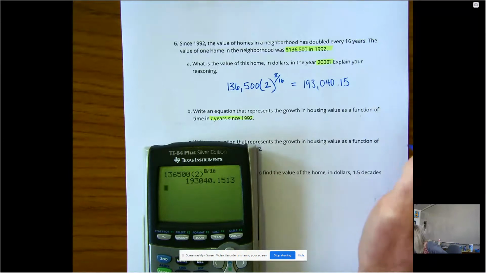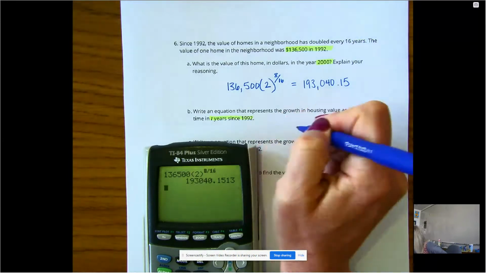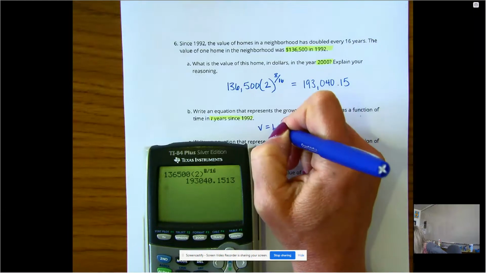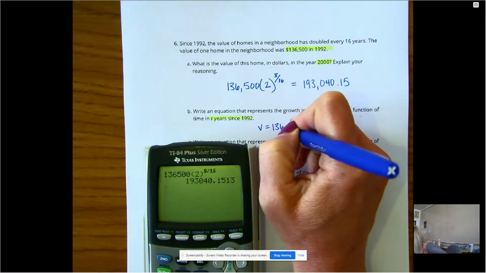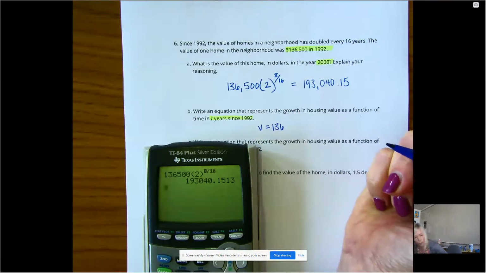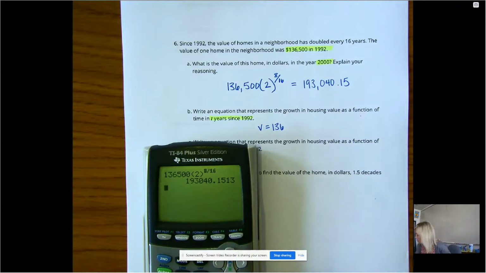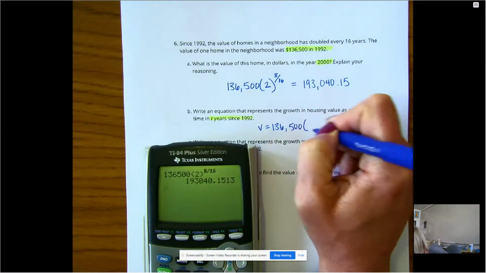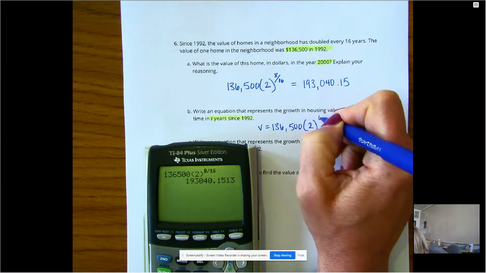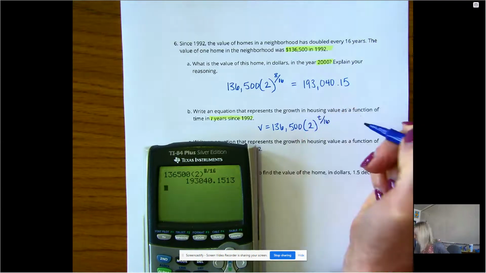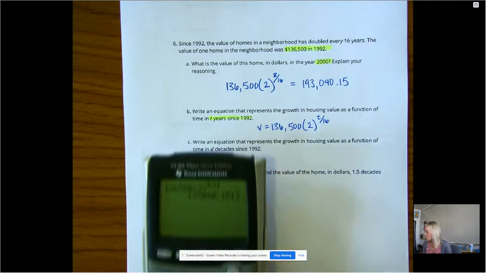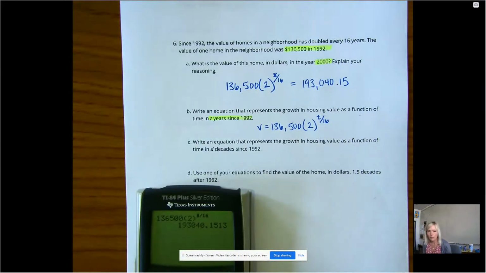So this is going to be, let's say V for value, equals the starting value, 136,500. It doubles, but not until 16 years have passed. So I'm going to have T over 16.